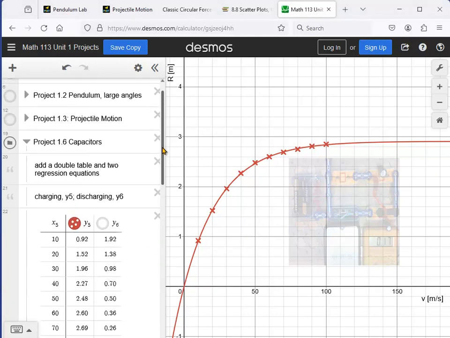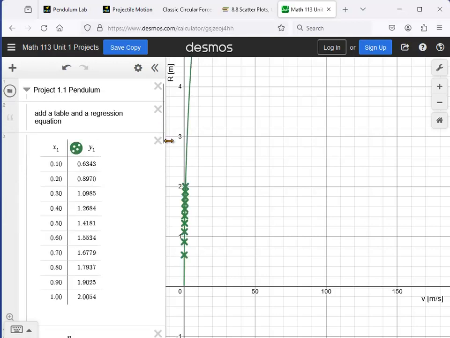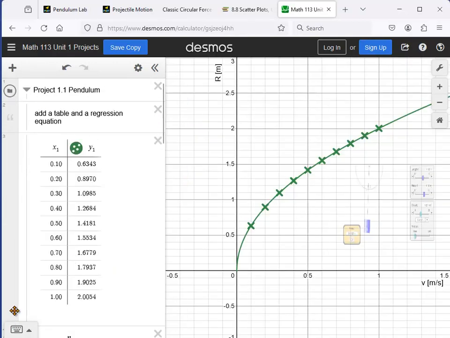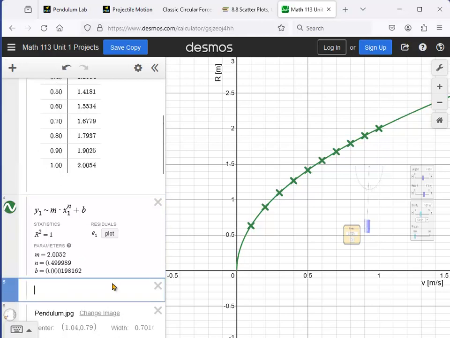So what I just noticed is that actually I should plug some of these numbers in. I pretty much forgot that. So here it is. Here's our regression curve. I'm going to add another expression to this one. So I'm going to take this one here.